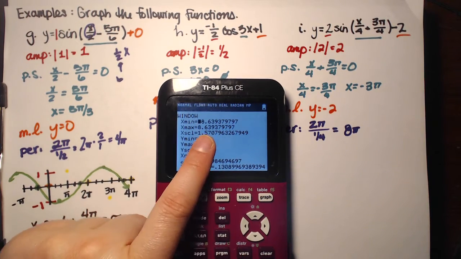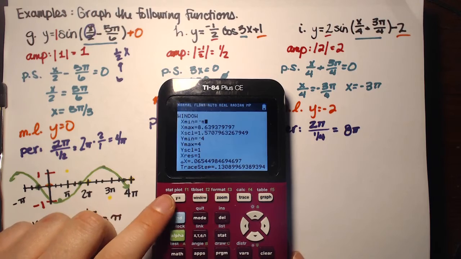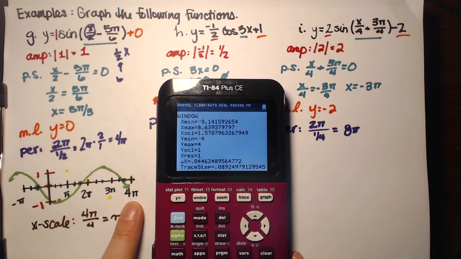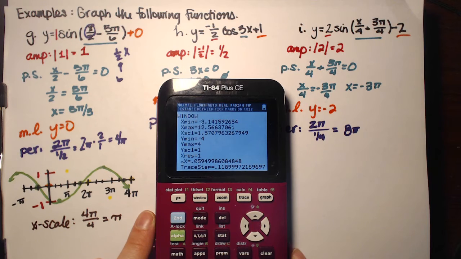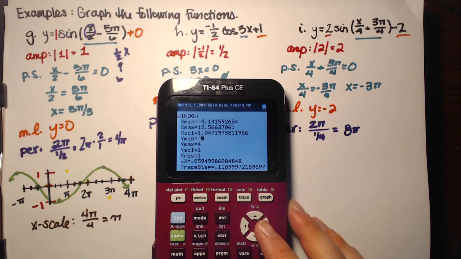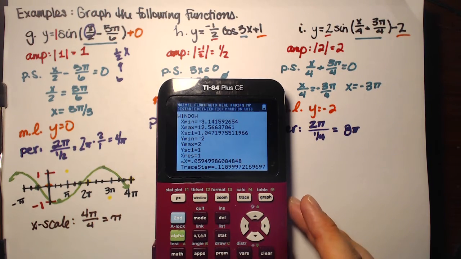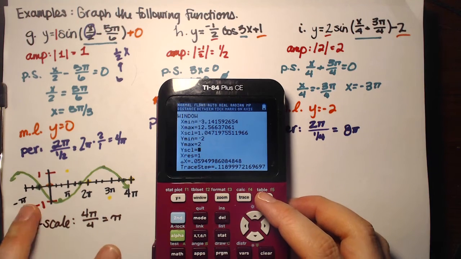If I were to input negative pi here, and we'll do 4 pi here, and I believe that's pi halves. Well, let's make it pi thirds. Then we can change this to be negative. We'll do negative 2 to 2. This will make it so this graph looks more like our graph.